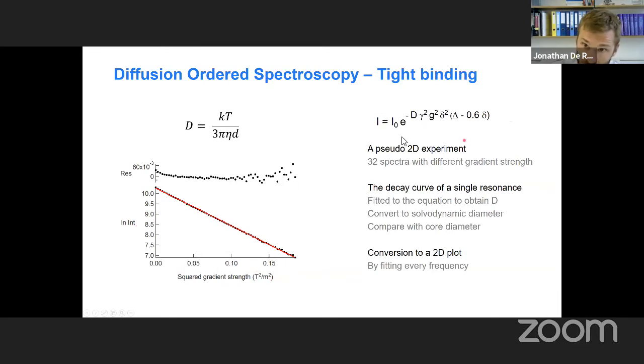If you look at this equation, then you see that indeed this should be a straight line. If there's a single species there diffusing, it should be a straight line.